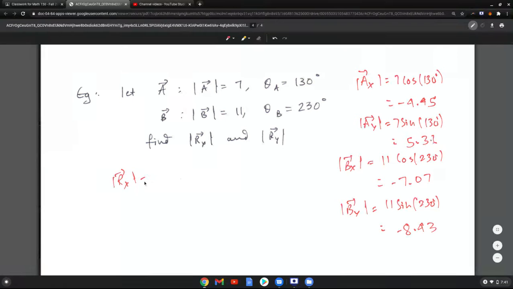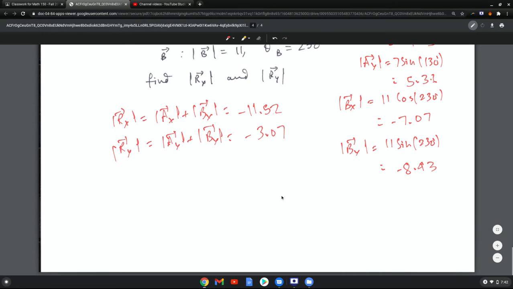So once again, Rx is going to be Ax plus Bx, which in this case is negative 4.45 minus 7.07, so it's negative 11.52, and Ry is Ay plus By, which is 5.36 minus 8.43, which is negative 3.07.